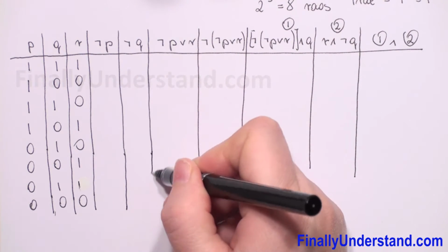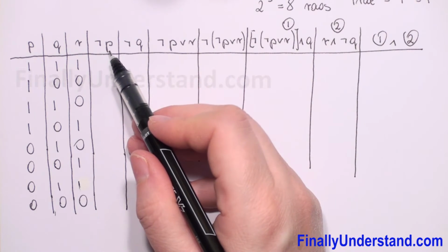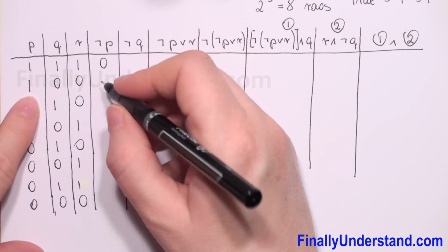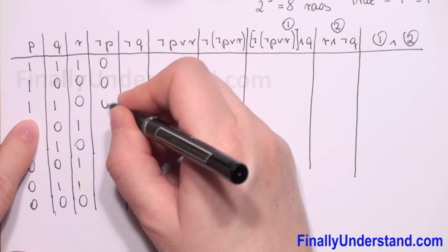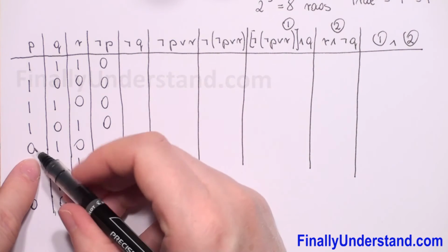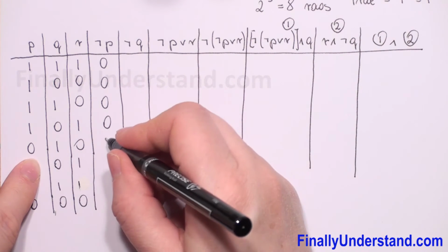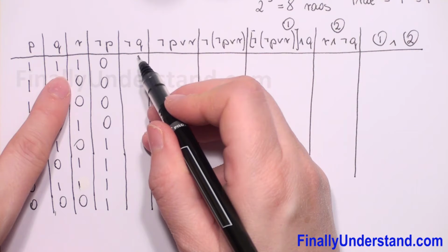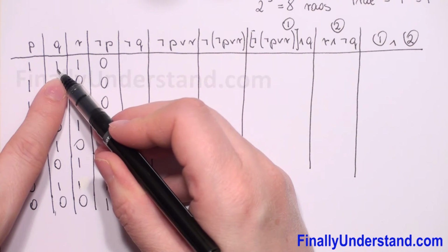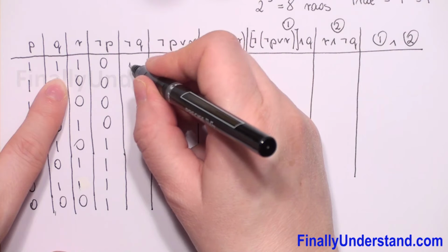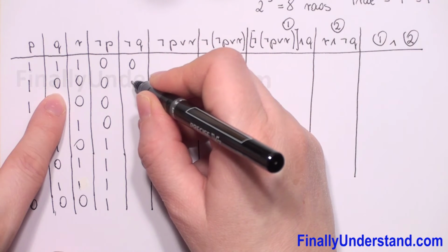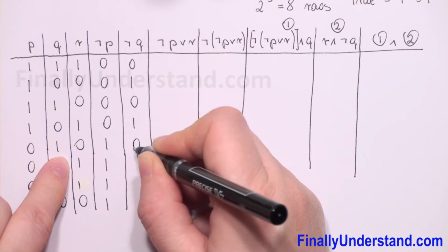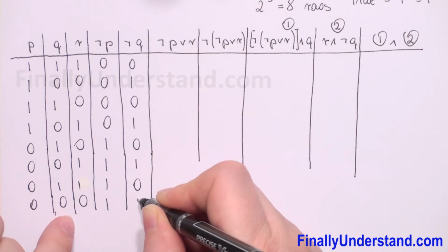Next we have negation of P. Not true, so this is 0, not true, 0, not true, so 0, 0, not false, so this is true, true, true, true. Next, we have negation of Q, not Q. We have first 1, so this is true, not true, so it will be 0. Not 0, so this is 1. 0, 1, 0, 1, 0, 1.